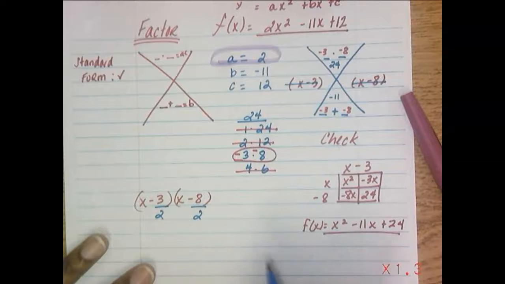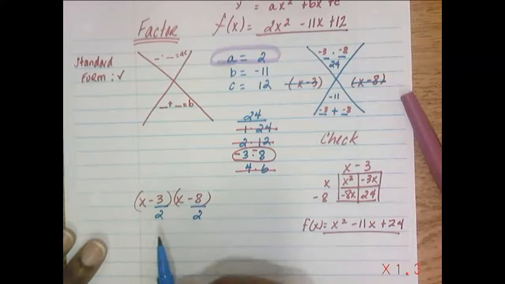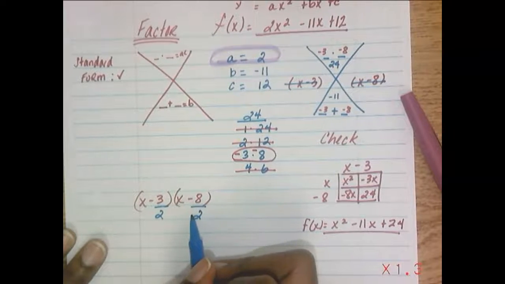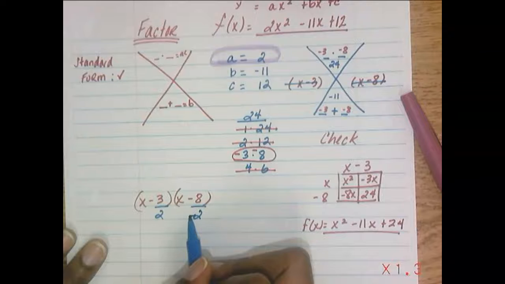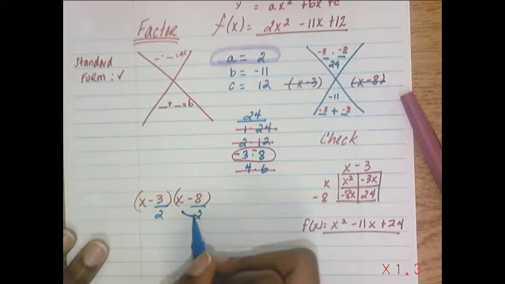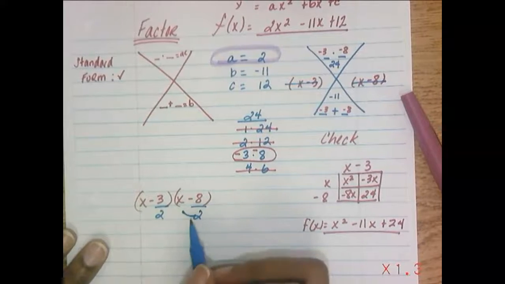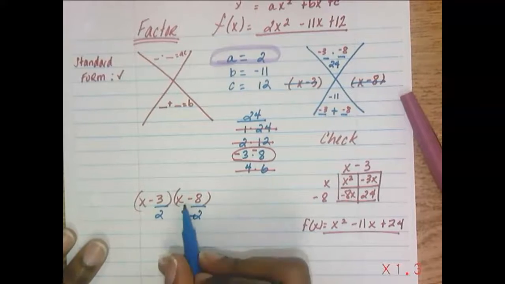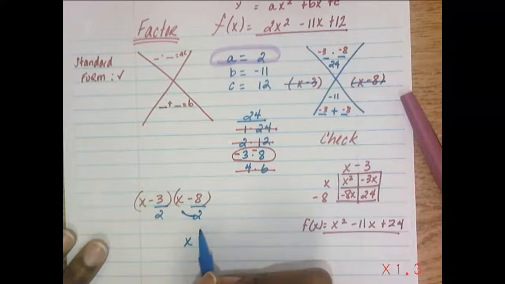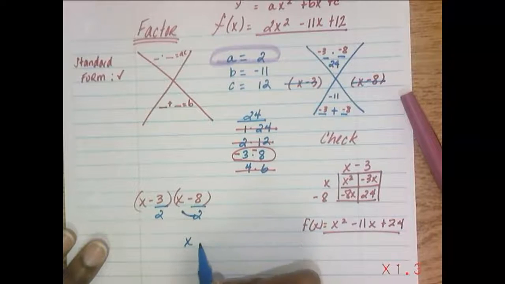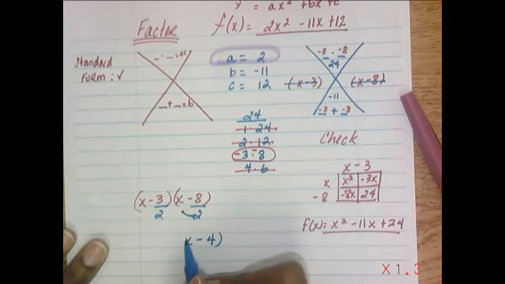Okay, the factors that we have. So what's going to happen here? This side is probably your easiest one. 8 divided by 2 is 4. So this factor becomes x minus 4.